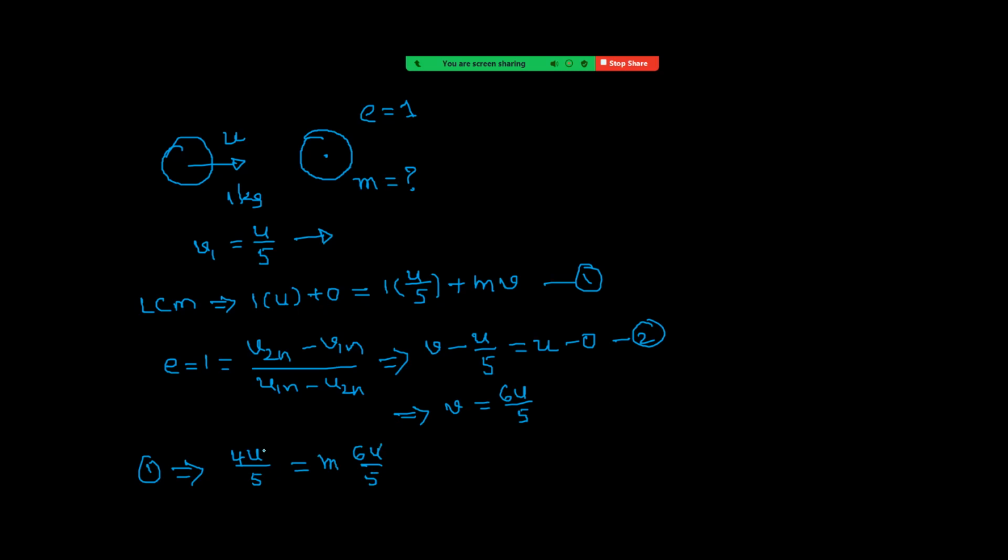The u by 5 gets cancelled. Remaining is now M equal to 4 by 6, that is 2 by 3 kg. So mainly understand how we are taking law of conservation of momentum, and next coefficient of restitution. Two unknowns, two equations. Remaining just calculation part.